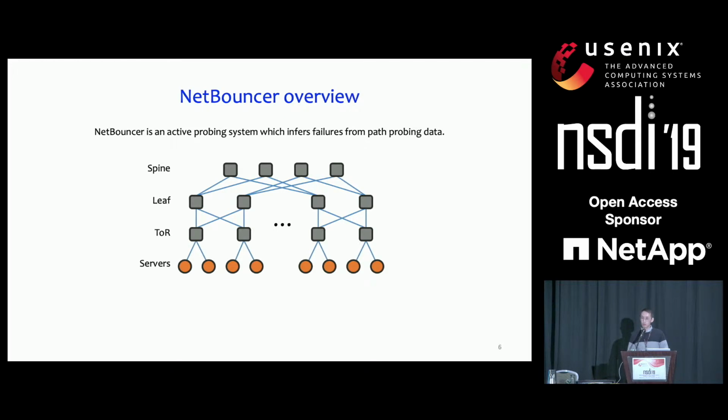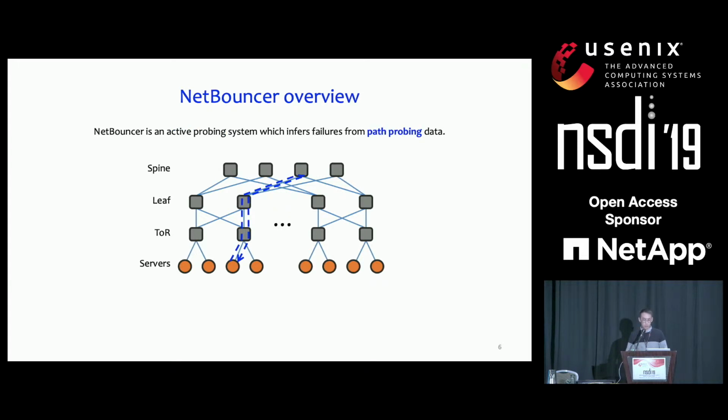NetBouncer is running 24/7 as a troubleshooting service in Azure. It is an active probing system which infers failures from path probing data. By active probing, I mean that the server will actively send probing packets into the network and collect the number of packets sent and the number of packets received to detect failures.